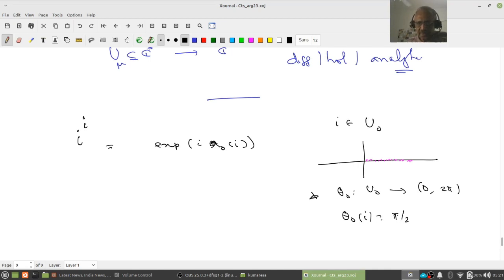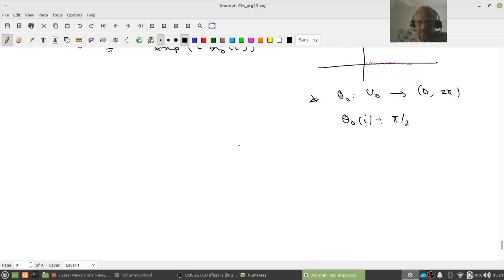Therefore, what is lambda 0 of i? That is natural logarithm of mod i plus i times theta 0 of i. Do not get confused by the notation. That is why concepts are important. If you understand the concept, too much suffix, superfix, and notation should not bother you. Theta 0 is a continuous argument on C star where the positive x-axis is removed. Therefore, the angles will be 0 to 2 pi.